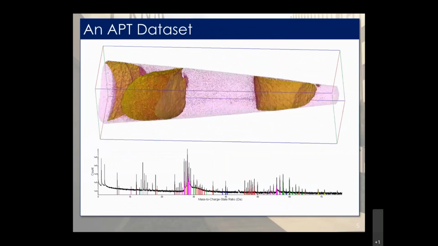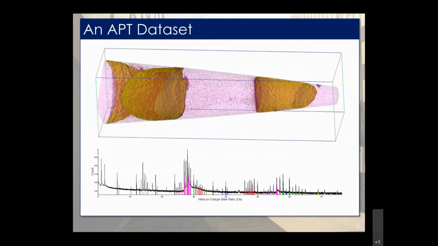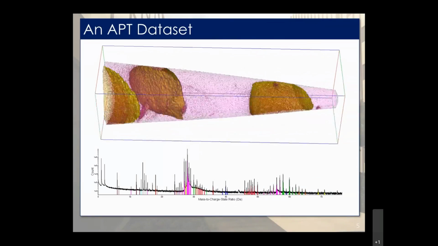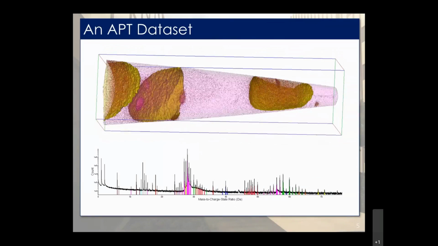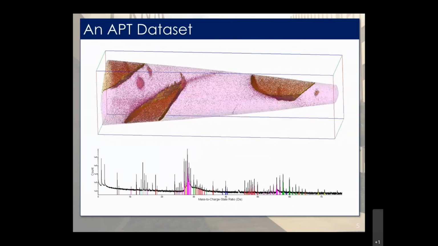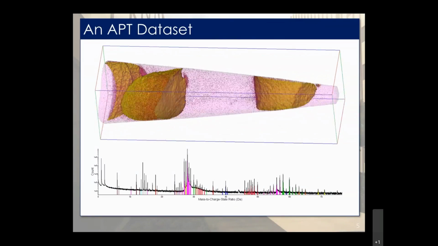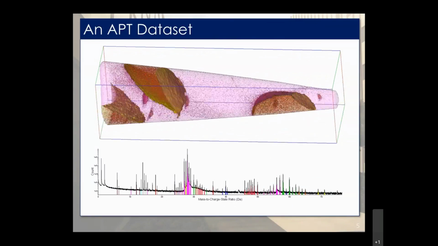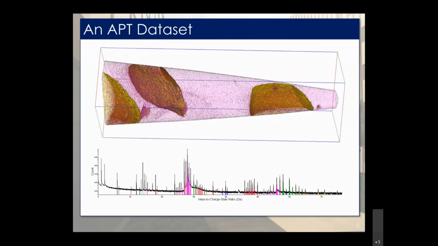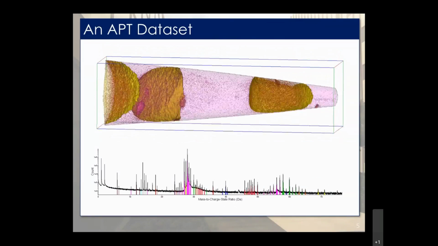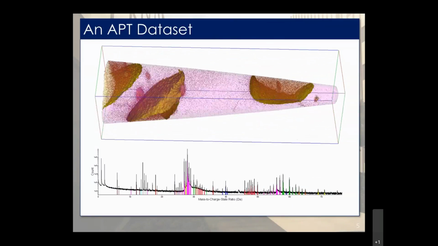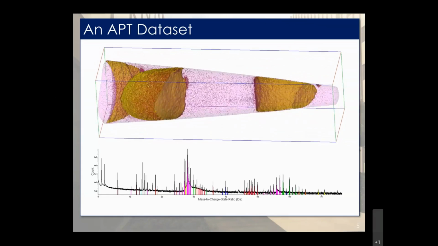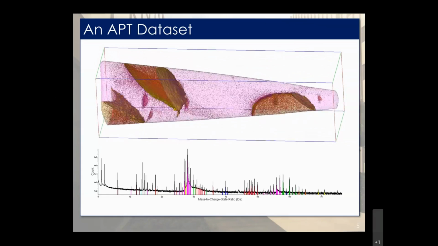So the goal for atom probe reconstruction is to end up with a fully complete atom probe data set, which is a 3D model where we have the spatial positions of all the atoms in our reconstruction, and a mass spectrum, or a mass to charge ratio spectrum to be precise, where we have all of our different peaks identified as belonging to an element or combination of elements. This is the point when you can start your analysis to look into the microstructure of your sample and make your observations.